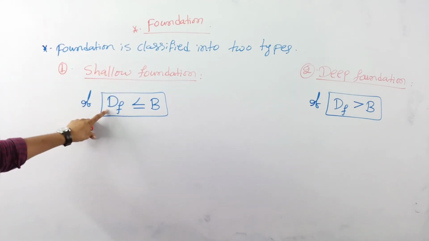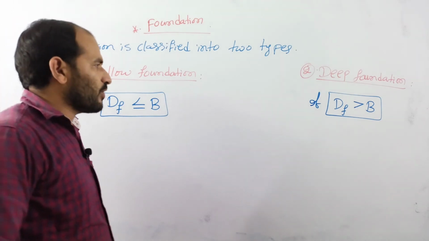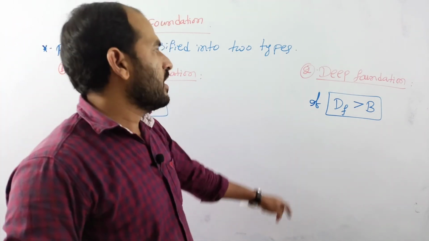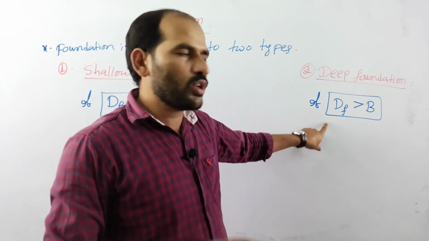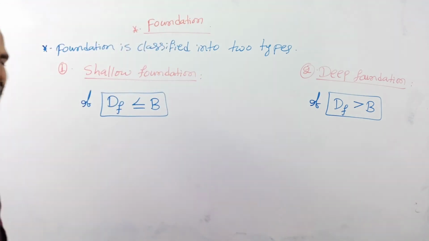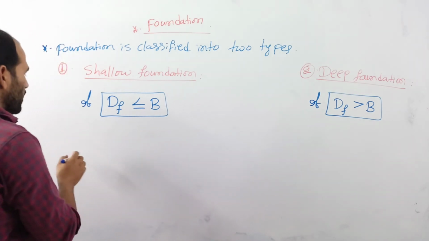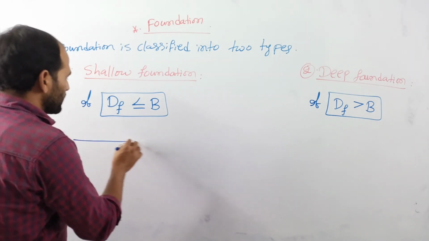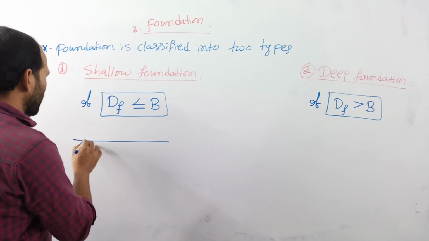If depth of the foundation is less than or equal to width of the foundation, it is called shallow foundation, and if depth is more than width, it is called deep foundation. For example, this is the ground level.